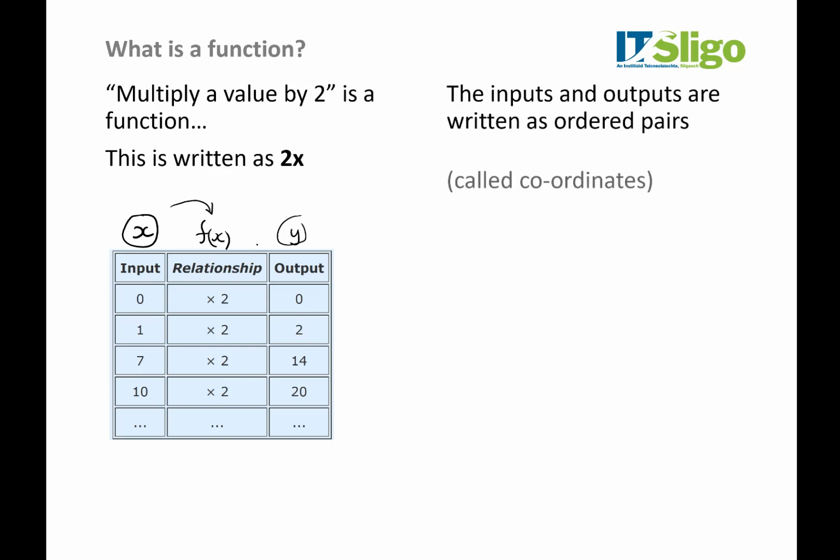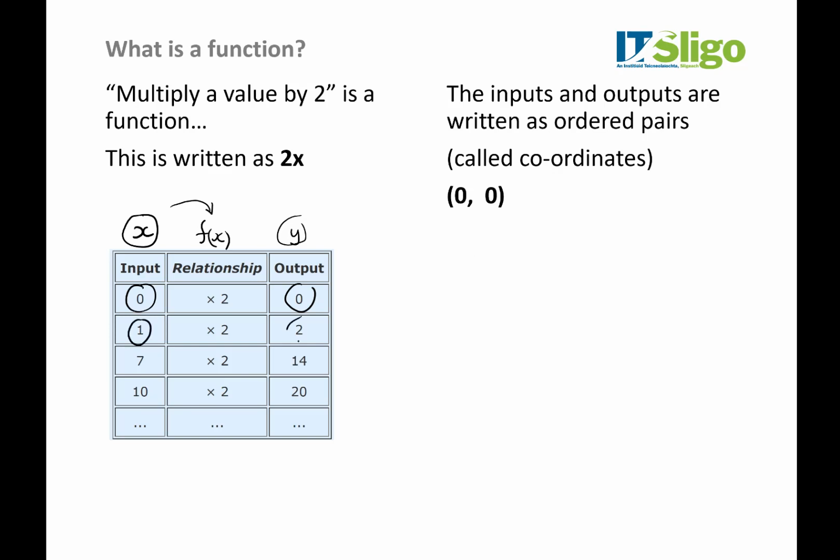Now, we write these as ordered pairs. The input and its associated output are written as a coordinate. 0, 0, 1, 2, 7, 14, 10, 20.